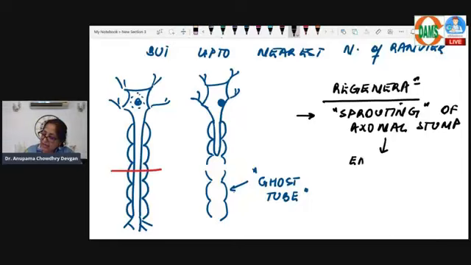This now enters into the ghost tube. It enters into the ghost tube. So the connection is re-established.